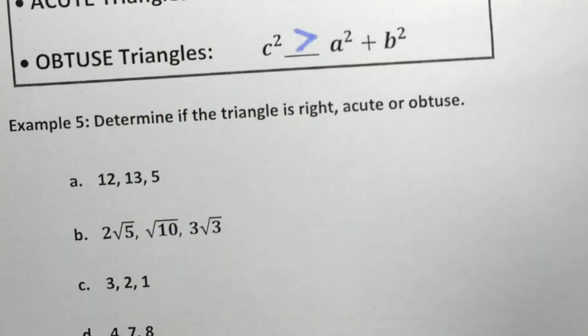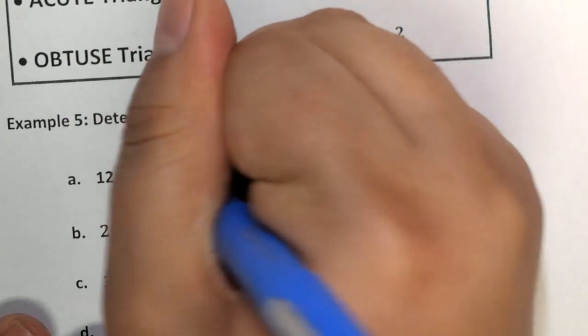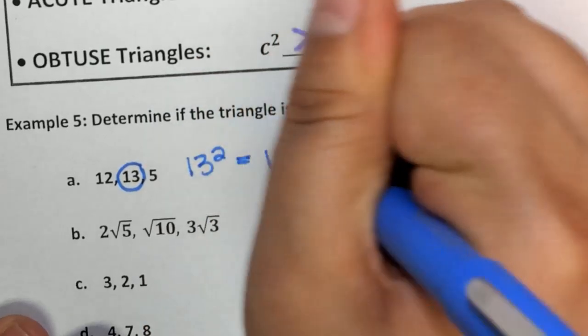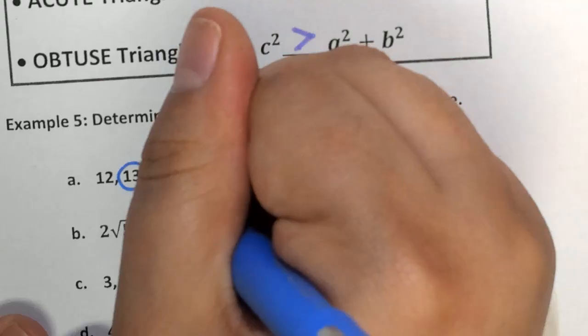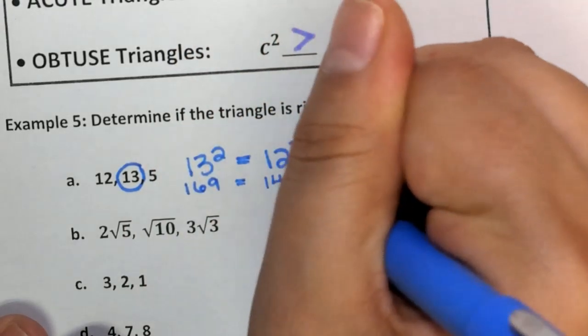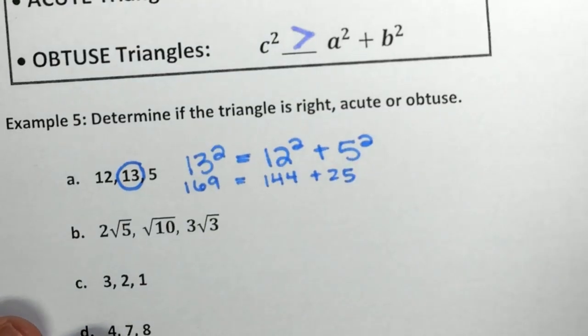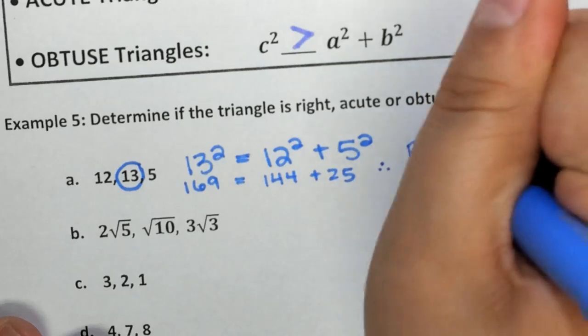The biggest number is your C, 13. So is 13 squared equal to 12 squared plus 5 squared? Is 169 equal to 144 plus 25? Yeah. Therefore, this is a right triangle.